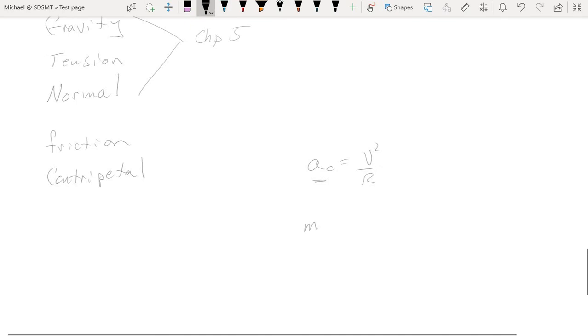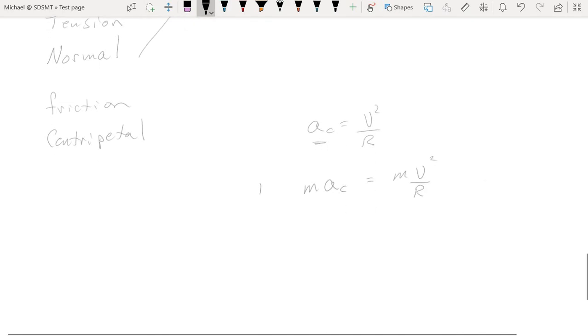And so all we have to do is pair any acceleration term with a mass, and what we did on one side, we have to do the other. And so now we have an expression that we call the centripetal force. So there's going to be some force that points towards the center of the circle, and that force is responsible for accelerating the mass towards the center of that circle.